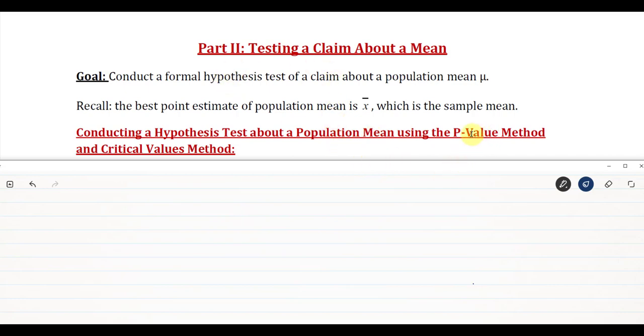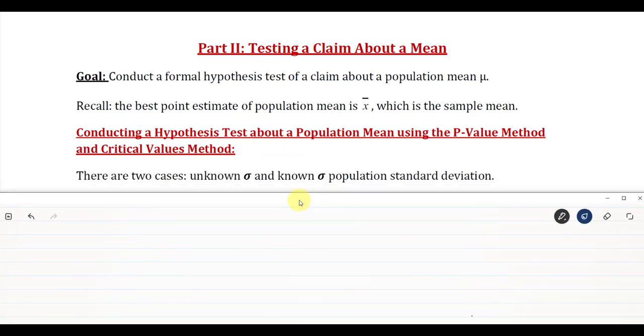We will focus on the p-value and the critical value methods. Now, for the mean, there are always two cases. The first case is when we don't know anything about the standard deviation of the population. And then the other case is when we do know the value of the population standard deviation sigma.